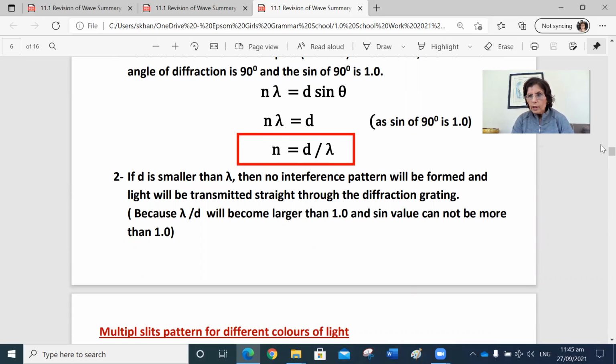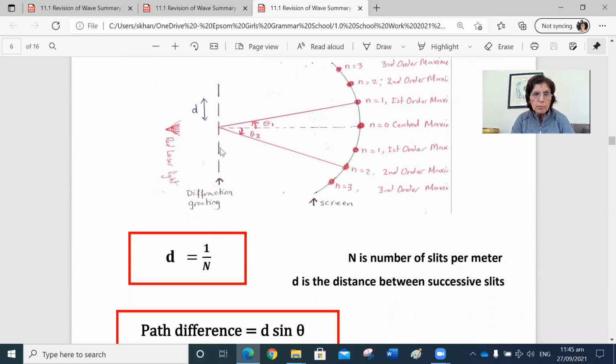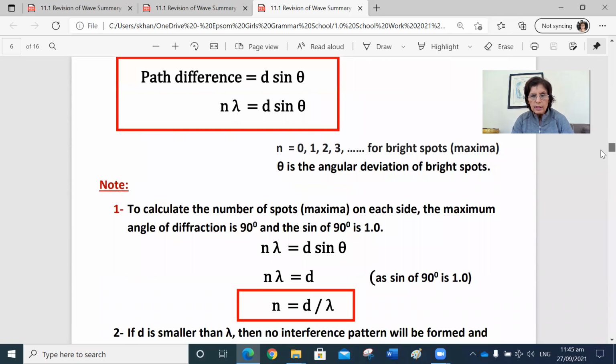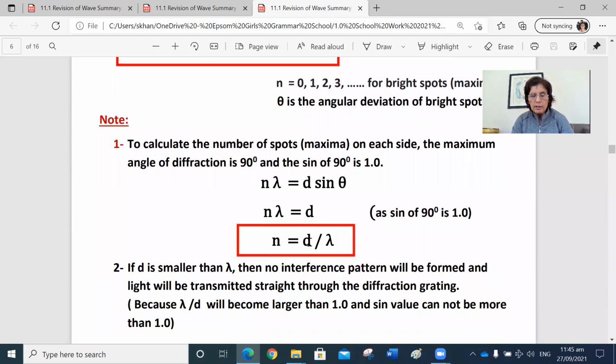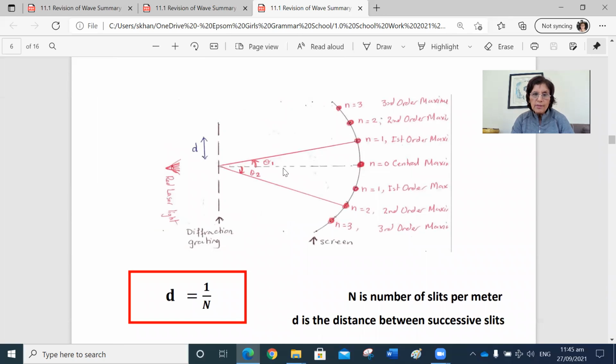One more thing, this gap d has to be close to the wavelength. If d is larger than the wavelength, then sine theta will be greater than 1, so nothing will be observed, and the reason is that the maximum angle of diffraction would be more than 1, which is not possible.